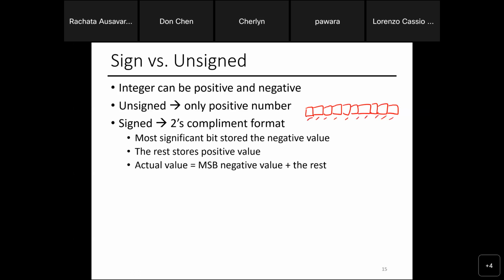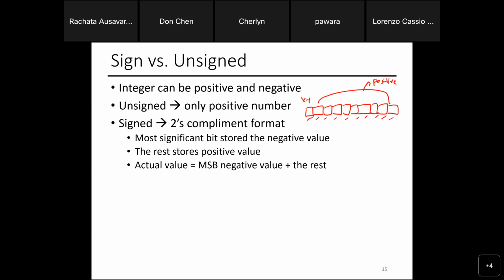The most significant bit, you convert from binary to decimal the same way, but you multiply by -1. The rest is a positive number. So 1, 2, 3, 4, 5, 6, 7, 8, 9. So this is a 9-digit binary, right?